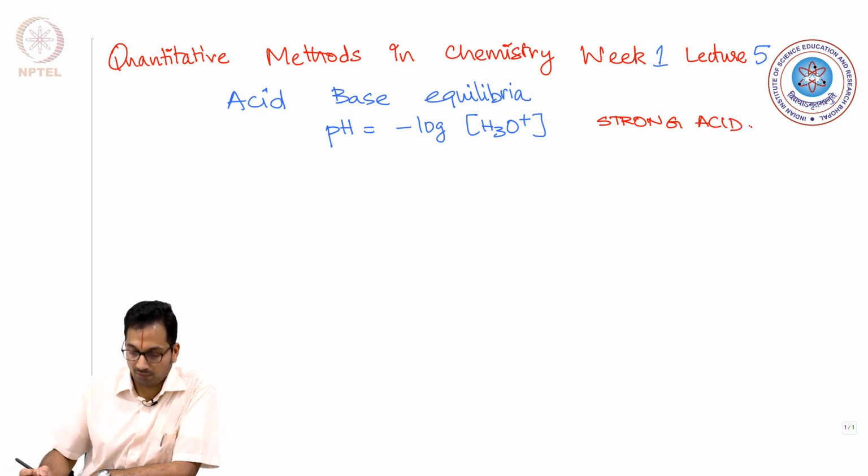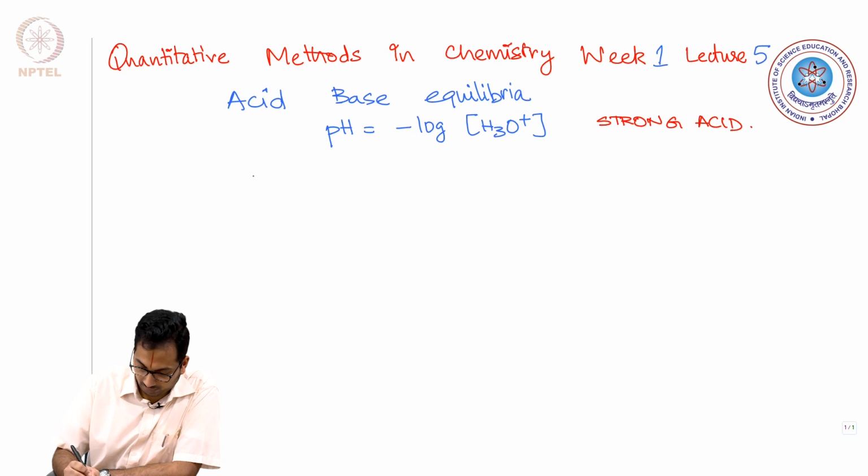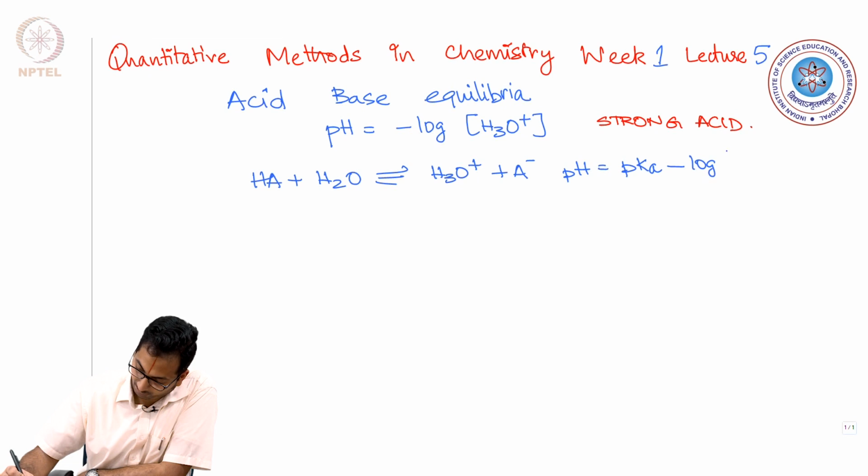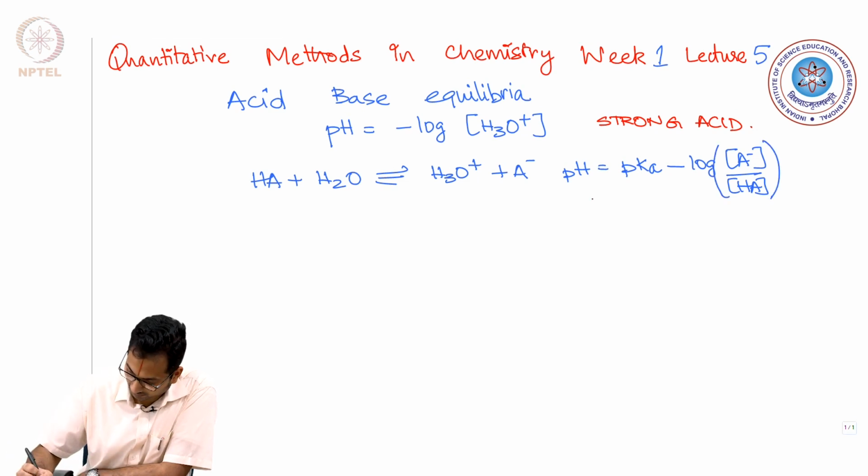On the other hand, for weak acids, we were able to derive the Henderson-Hasselbalch equation that goes as pH = pKa - log [A-]/[HA], for a weak acid.